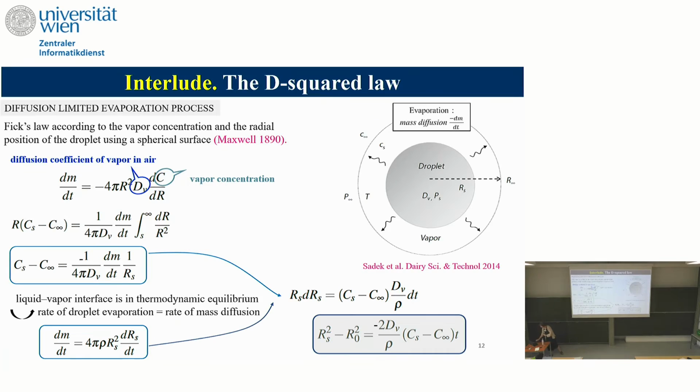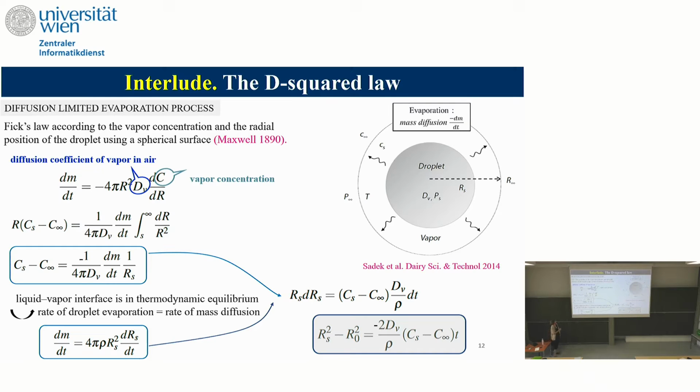In the literature, they speak about the d squared law, which means that the dynamics of the reduction of the volume varies such that the radius scales as the square root of time, or the radius squared scales linearly with time.